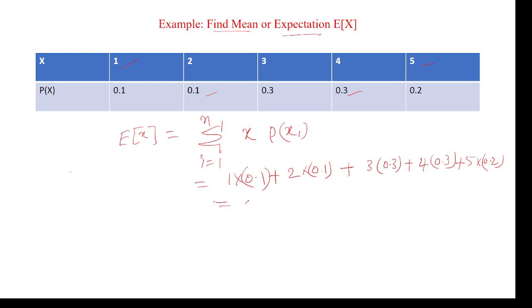So 1 into 0.1 is 0.1, plus 2 into 0.1 is 0.2, plus 0.9, plus 1.2, plus 1. This is the way to calculate the mean value for given random variables.